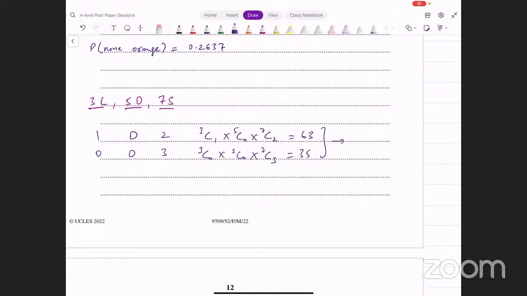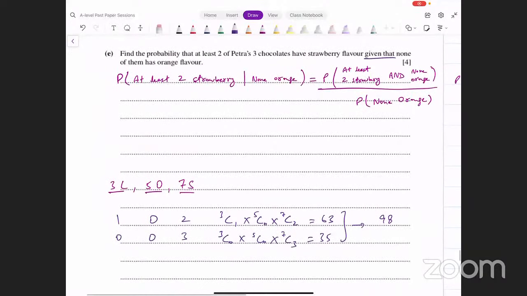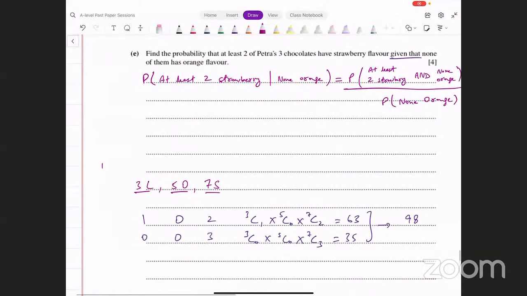इनका sum क्या बन गया हमारे पास? 98. Okay, so you've got 98 possibilities. 98 possibilities जहाँ पे condition meet होती है, ठीक है? Now let's use this here instead of using the earlier probability. Total cases कितने बन गए? ये हमने नीचे वाला कर दिया with condition. ये वो हो गया.